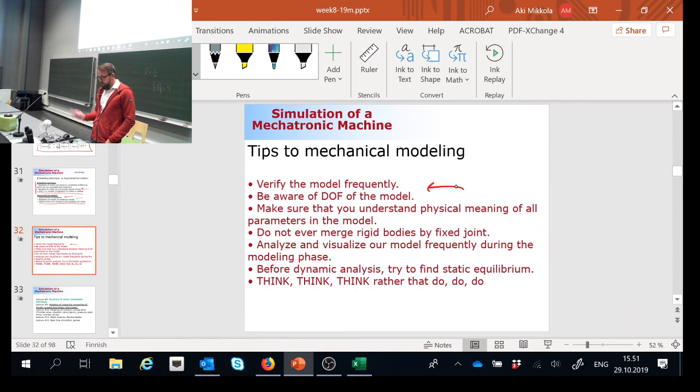Make sure you understand the physical meanings of all the parameters in your model. This is a lot to say because typically there are a lot of parameters that you need to tune. Those may be related to the integration procedure, may be related to friction and so on and so forth. But still, you're the one that is responsible for what those parameters are. You have to understand what they stand for. That's critical.